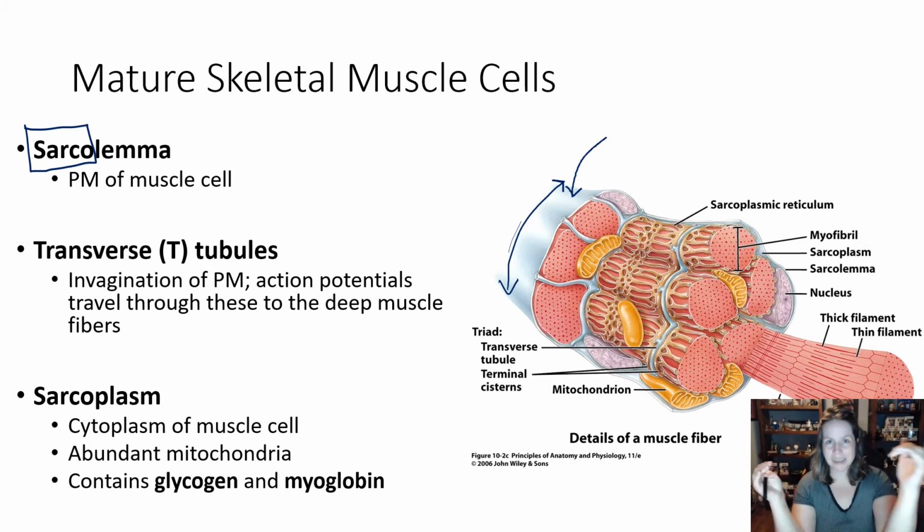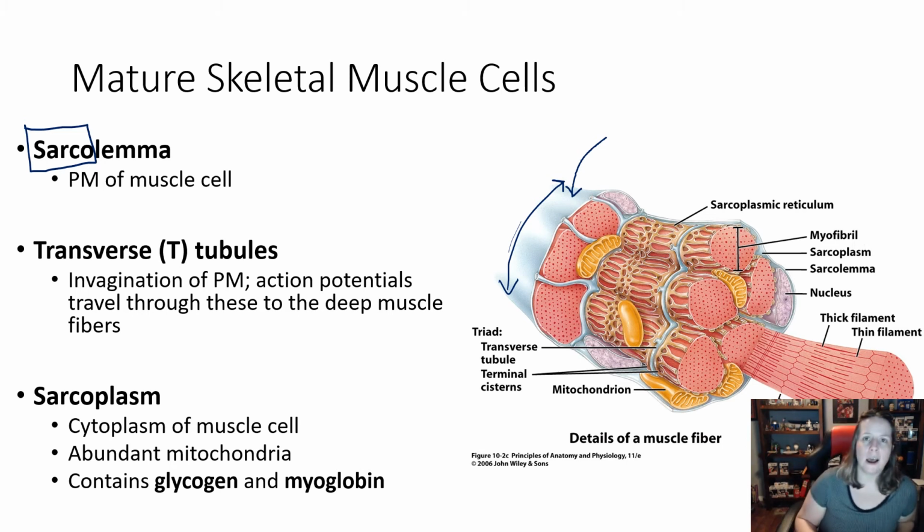So in order to get the deeper organelles, the contractile elements, cued that we're going to be contracting, we're going to have these invaginations, or the inward dipping of the plasma membrane. And that's what you see here and here and here. It's these sort of light blue tubes. Those are called transverse tubules, or T-tubules for short. They're going to help get the signal deeper into the cell.